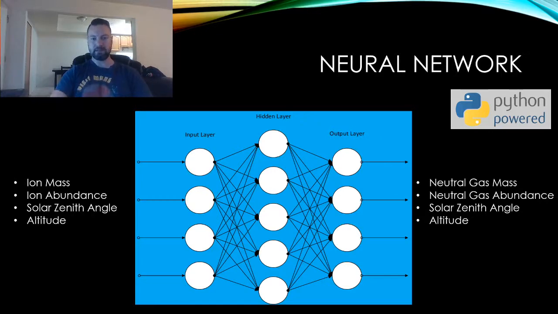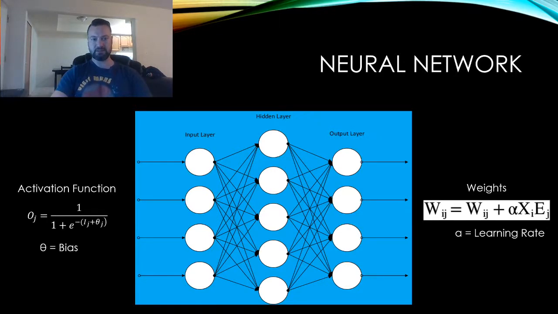The way the network actually works is there are three layers: an input layer, a hidden layer, and an output layer. Each input layer is connected to each hidden layer, and each hidden layer is connected to each output layer. The data is run through the network forward.